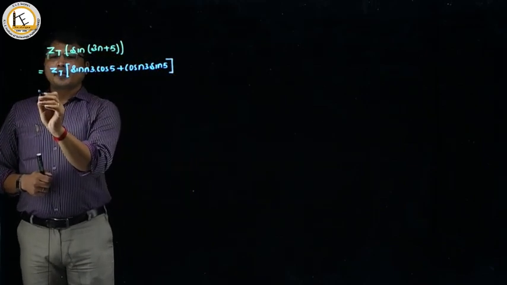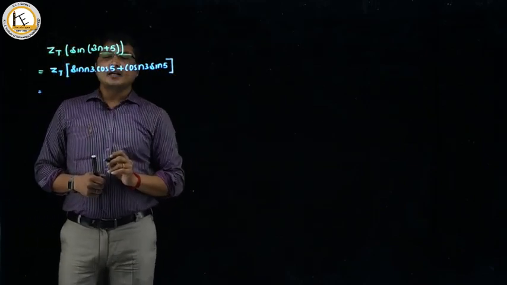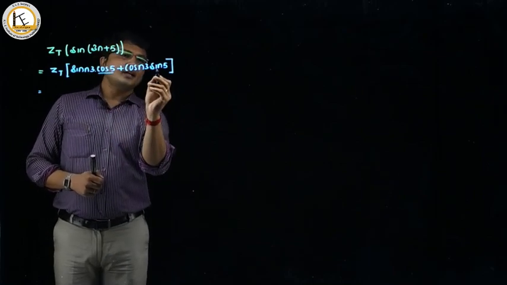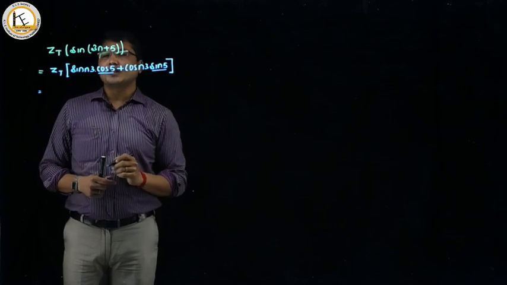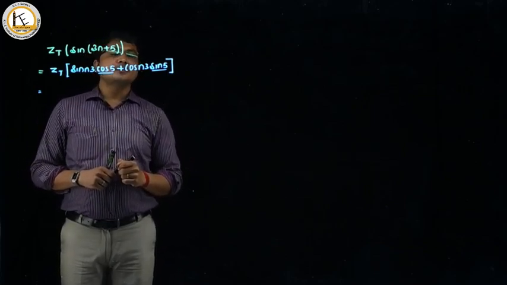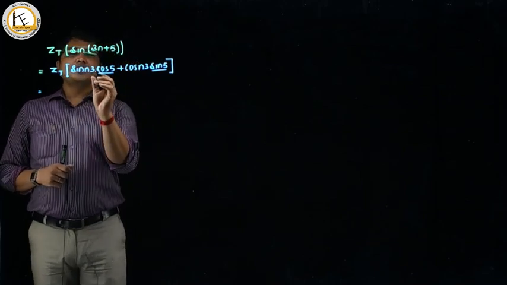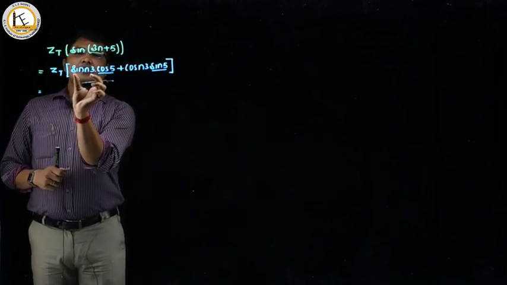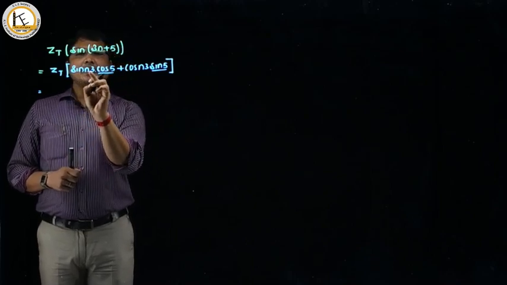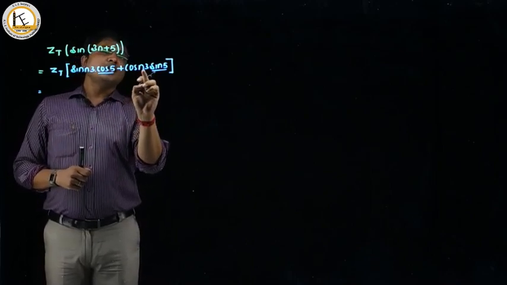So now we can write the Z transform, and since we know that cos 5 and sin 5 are both constants, we keep those as they are and only write the Z transform of sin 3n and cos 3n. We can compare this with sin n theta and cos n theta.